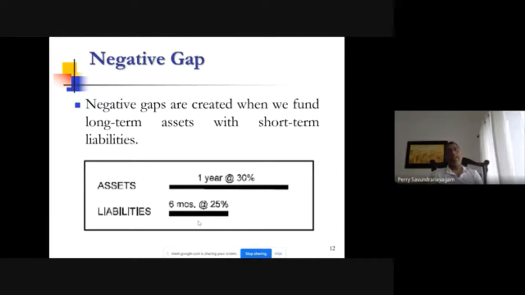Because at any given time from a tenor perspective, you are short on the tenor. So you're negative on the tenor. It doesn't matter on the interest rate. It could be that you raise that liability at 35% even, if you need it for funding purposes. It's more to do with the period. Questions?